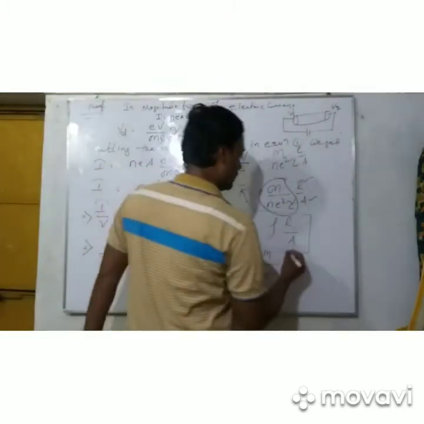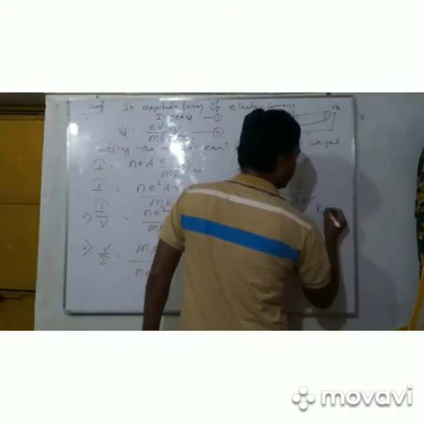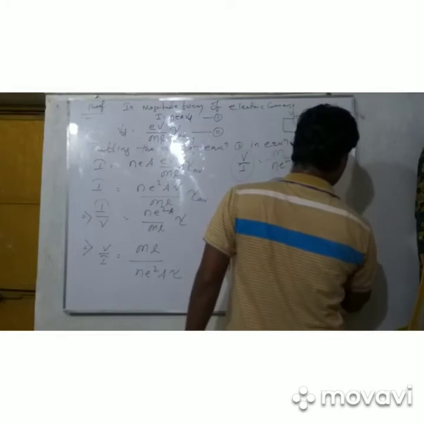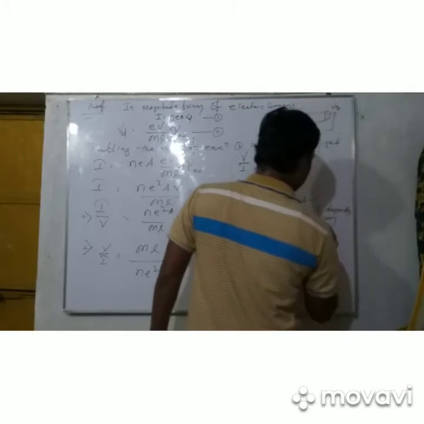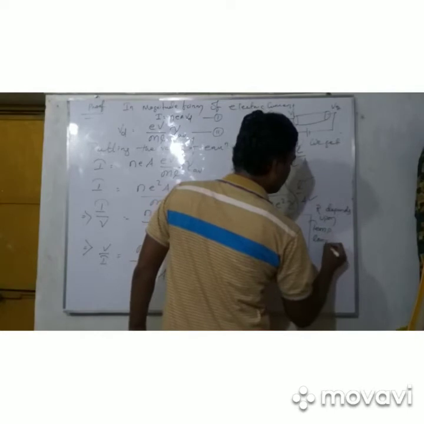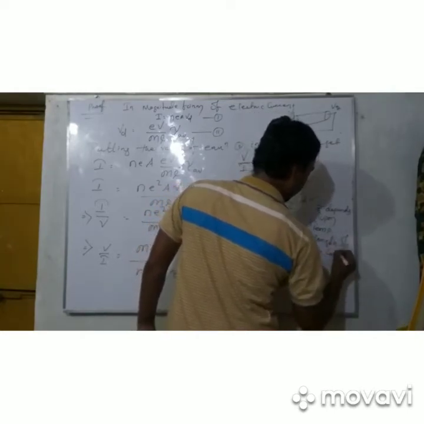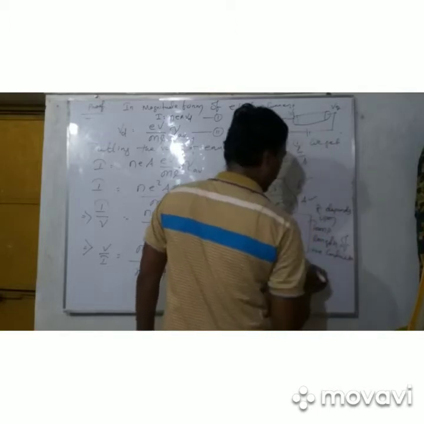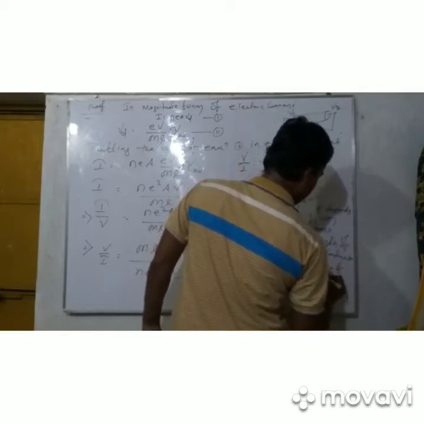Clear? Resistance depends upon temperature, length of the conductor and area of cross section.